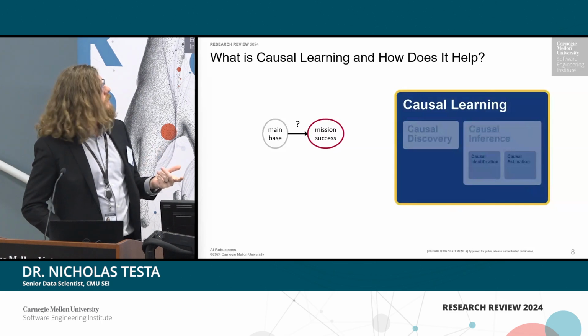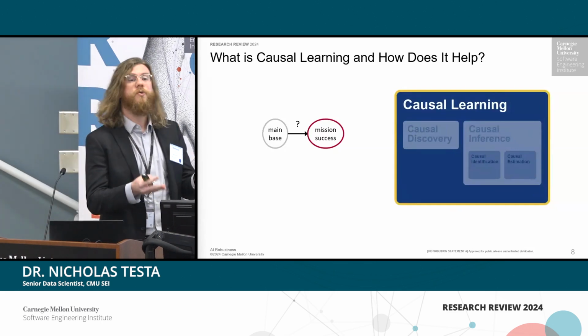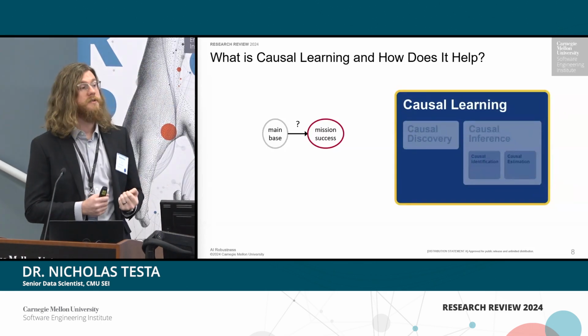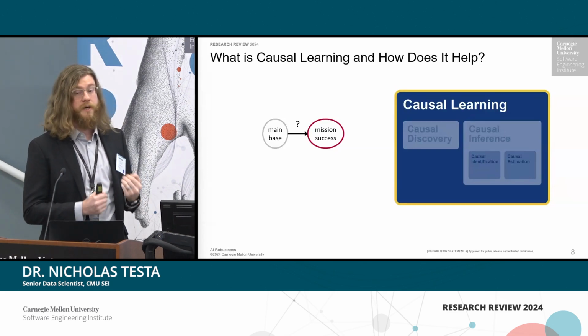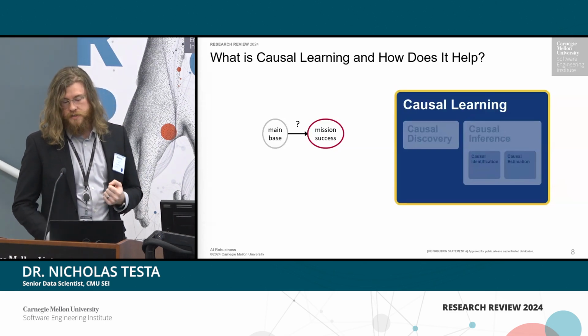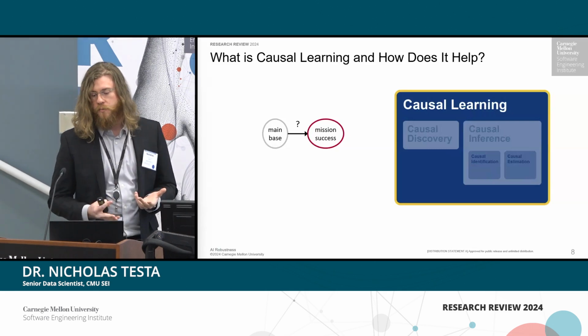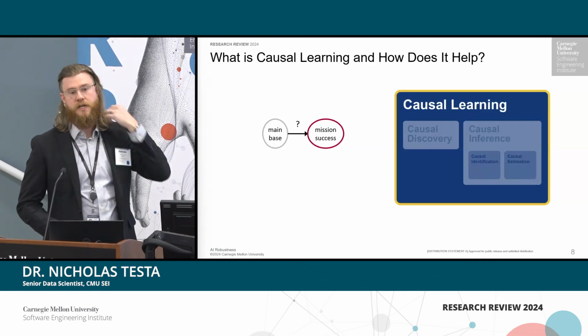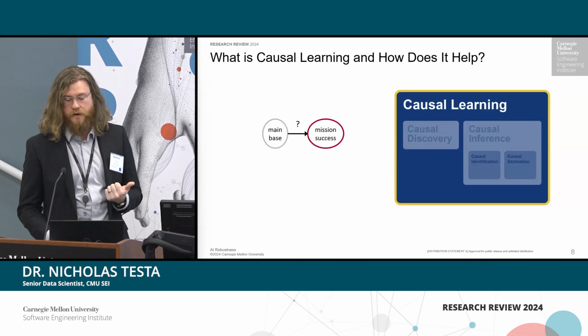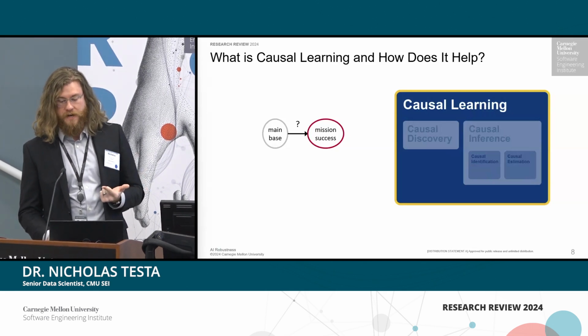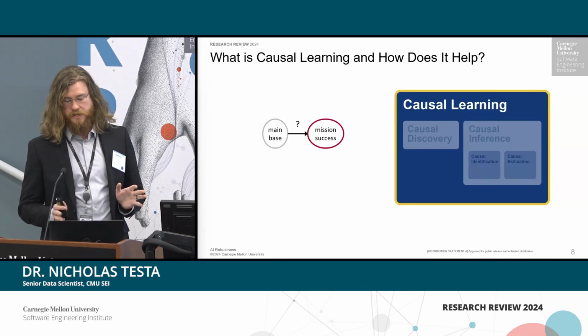Causal learning is the tool that we're using to quantify the robustness of the AI classifier. It provides an explicit framework that allows us to build causal diagrams, account for bias and confounders, and estimate the magnitude of effect on unexplored scenarios.